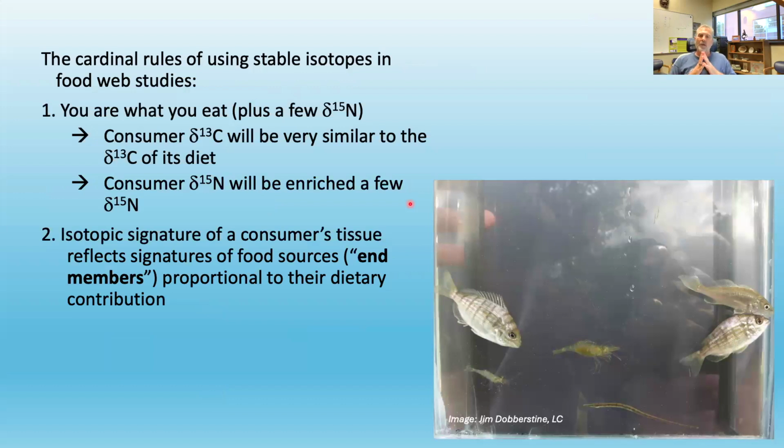So when we're looking at stable isotopes in these food web studies, the consumer level, the ratio of carbon-13 to carbon-12 in a tissue sample is going to be very similar to that of whatever it's consuming, right? What its diet is. It's similar with nitrogen-15, but there's a little bit of a bump that it gets. So there's a little bit of a variance there that is increased when we're looking at nitrogen.